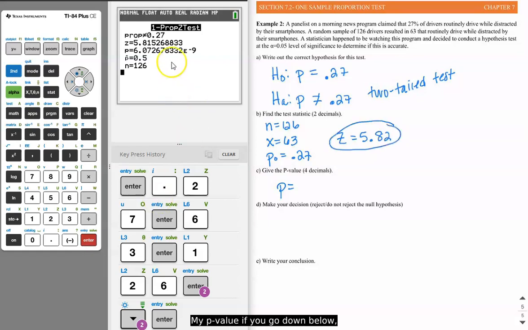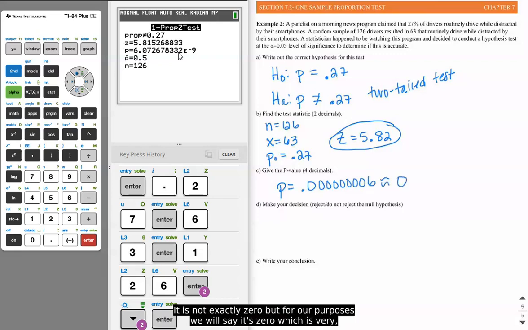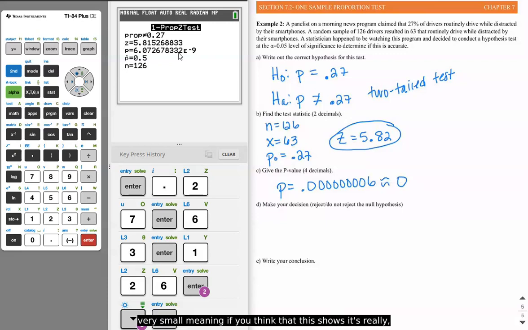My p-value, if you go down below, it says round to 4 decimal places. So if I think of where this would be, it's e to the -9, which is roughly 0. It is not exactly 0, but for our purposes, we would say it's 0, which is very, very small, meaning it's really, really far away from the mean.